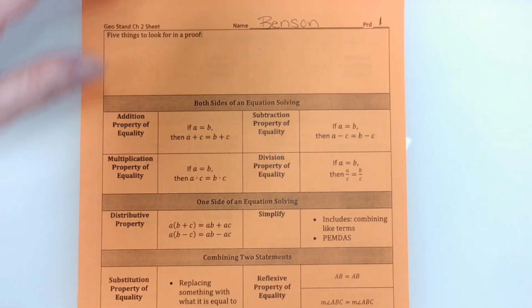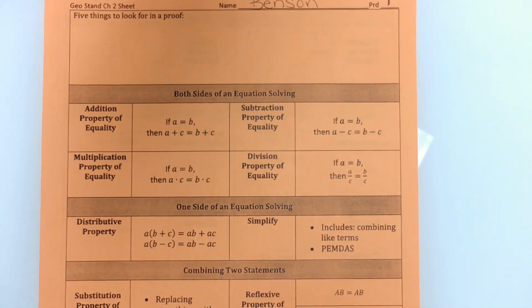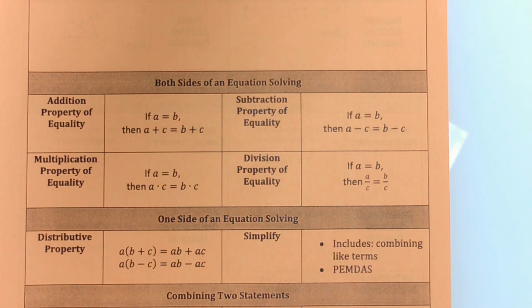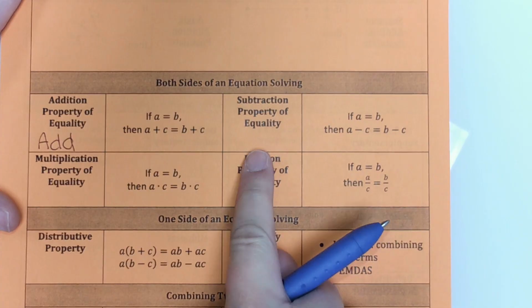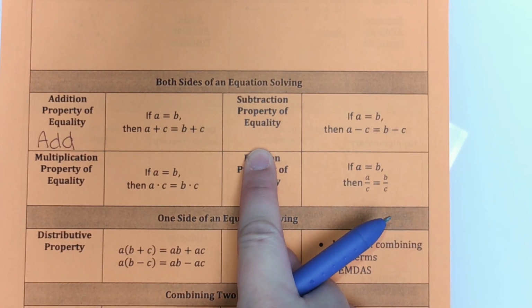When we come across the addition property of equality, do you remember what I said you could just write on the side with the proof, instead of writing the entire addition property of equality? We could just write add, ADD. What about subtraction property of equality?